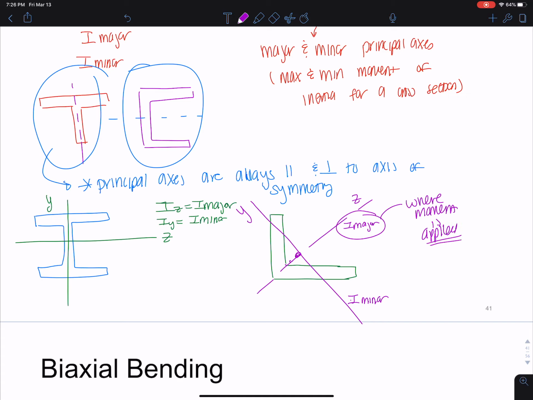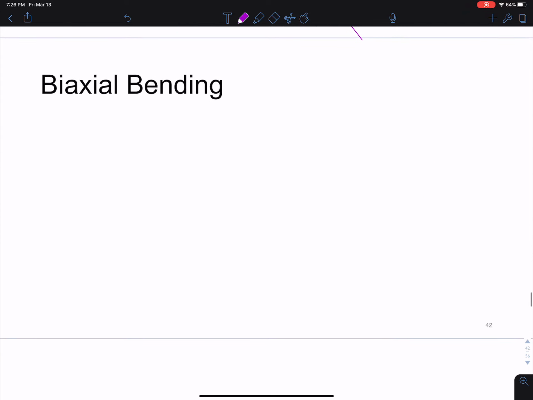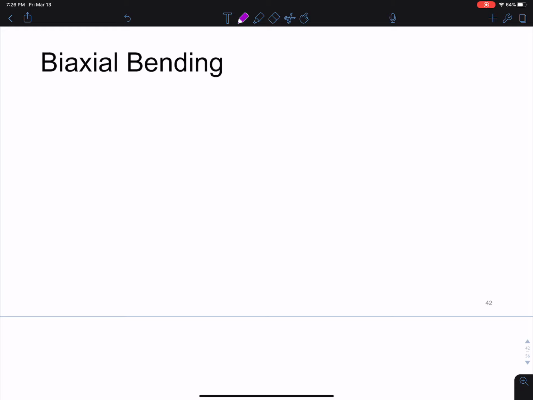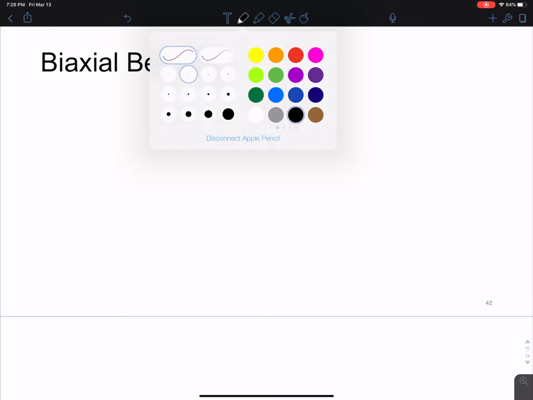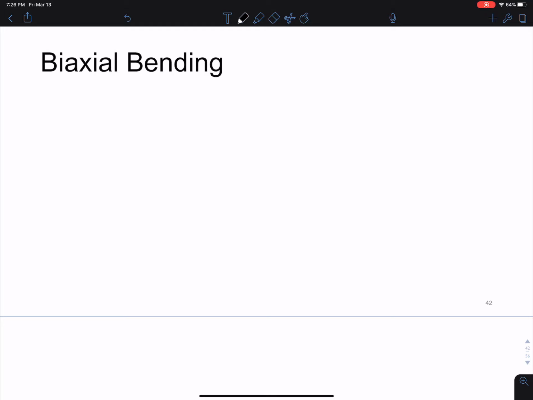So with that discussion, we're going to move on now to biaxial bending. We're going to talk about what happens when we arbitrarily apply moment. What happens then if we're not just applying moment about one cross-section, but it affects both cross-sections. And this could happen, and it happens often actually, in a specific case of members, which are columns.